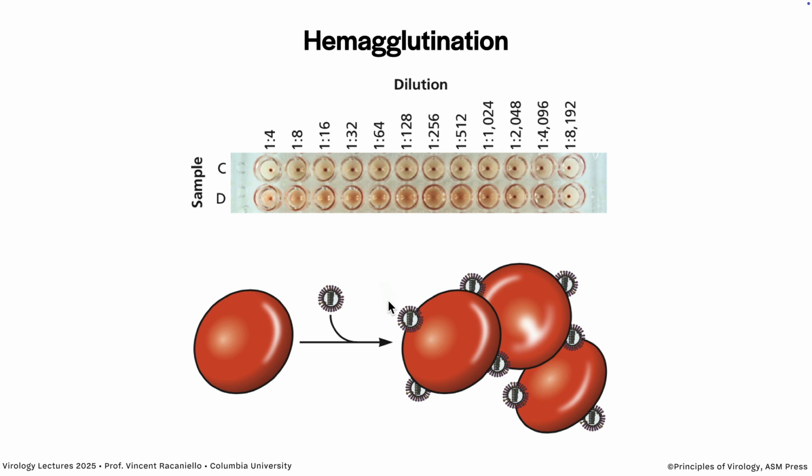If there's no virus present, then the red blood cells fall to the bottom of the well and make a nice little button. So you can see the top sample doesn't have any virus in it, but the bottom sample will hemagglutinate out to 1 in 512. So that's the HA titer, 512. It's a good way of quickly measuring the presence of virus because it can be done in about 30 minutes.